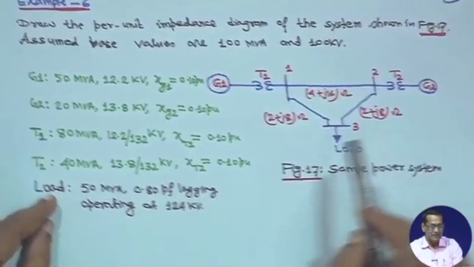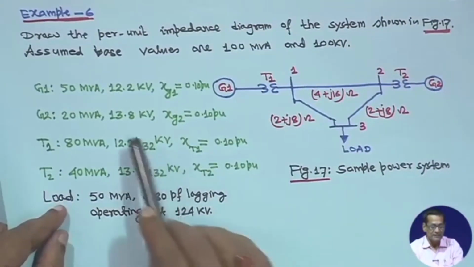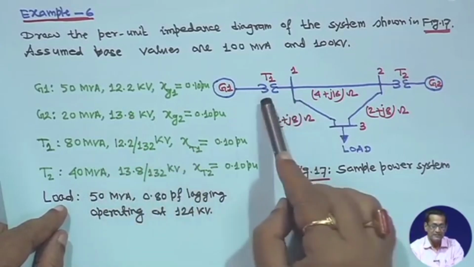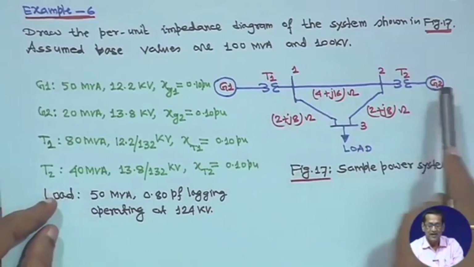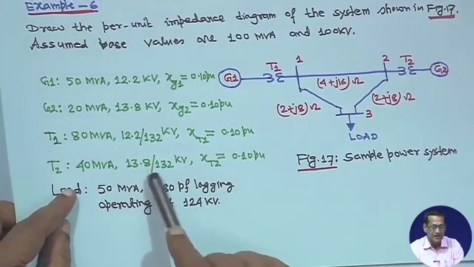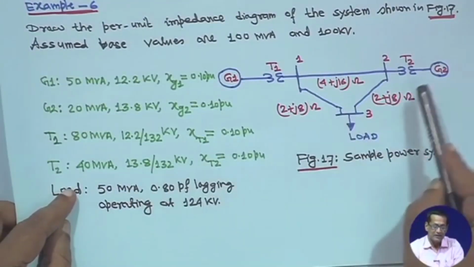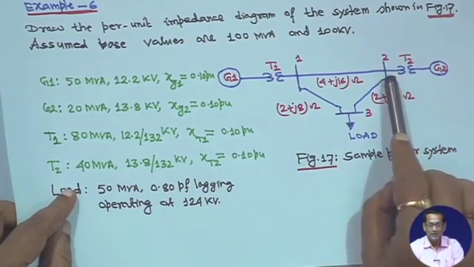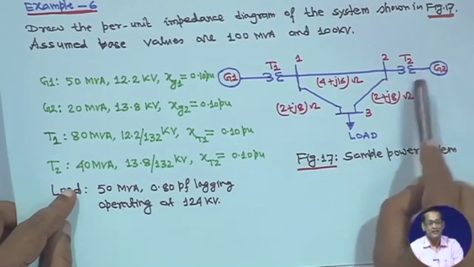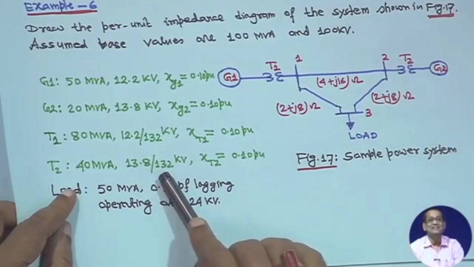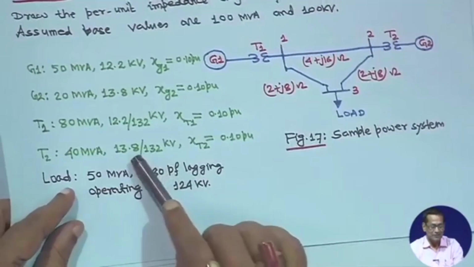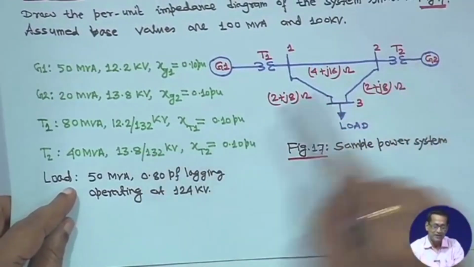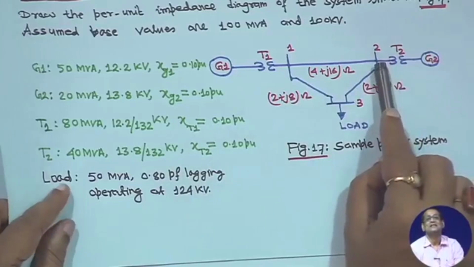Where transformer 1 is given as 12.2 and 132 kV, this is the low voltage side, and for generator 2 it is written 13.8 and 132 kV. The low voltage side is always the generator side, although it will be given like that only. So, the terminal voltage of the generator is 13.8 kV and 132 kV is this side. This is how it will be given.